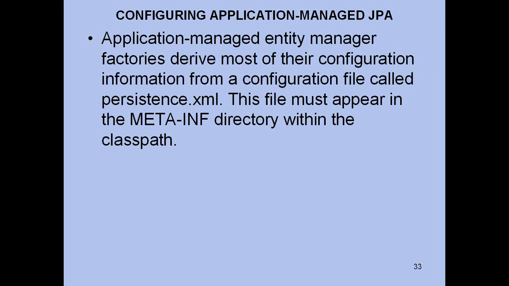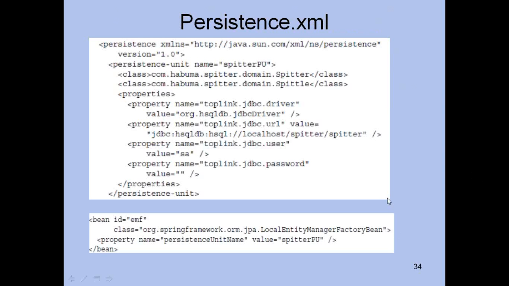So when you are using application managed entity manager factories, you first have to configure the information in a file called persistence.xml, and this file must appear in the meta-inf directory within the classpath. When you are working on servlets and JSPs, in the web structure there is a folder called meta-inf. So this persistence.xml has to be in there.